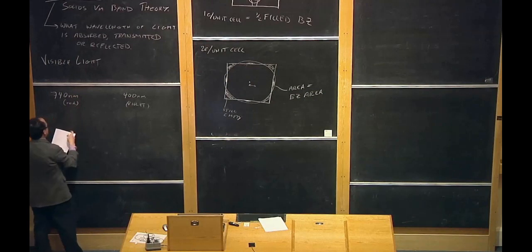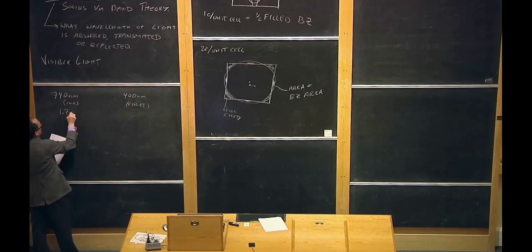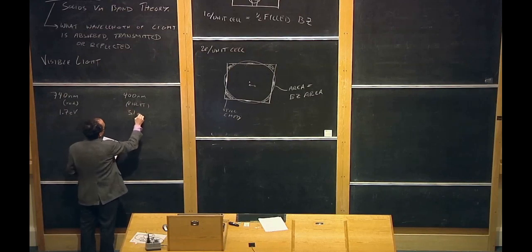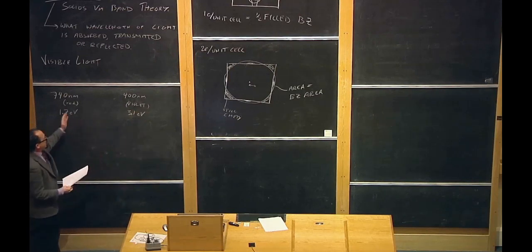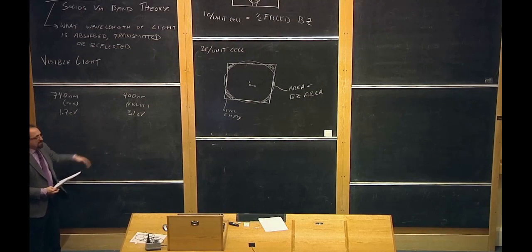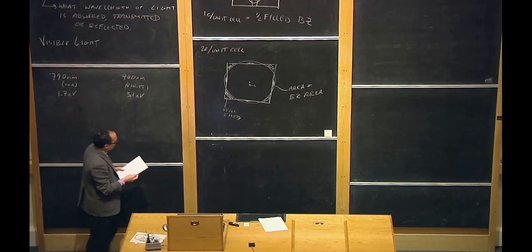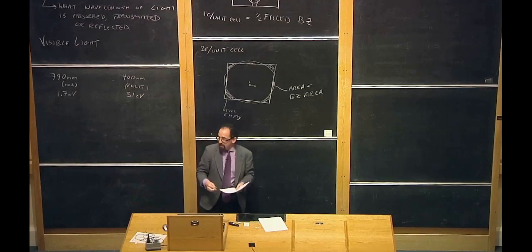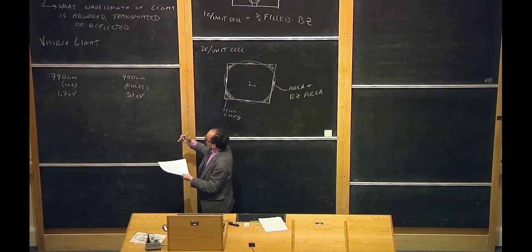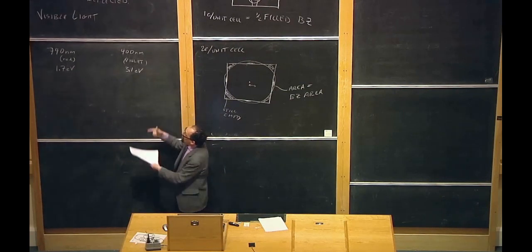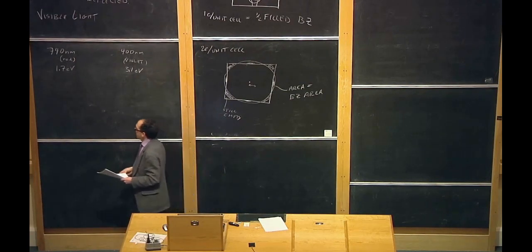And if you think about energies of photons, this is about a 1.7 electron volt photon, and this is about a 3.1 electron volt photon. And in between red and violet is the whole rainbow spectrum: red, orange, yellow, green, blue, indigo, violet. The usual thing. Now let's think about how it is that light is going to interact with some solid in band theory, how this type of light will interact with our material.